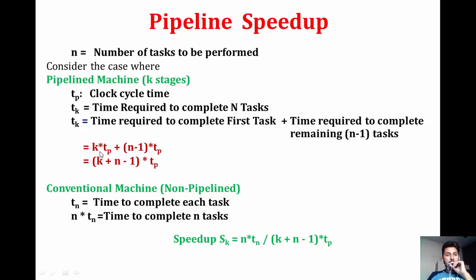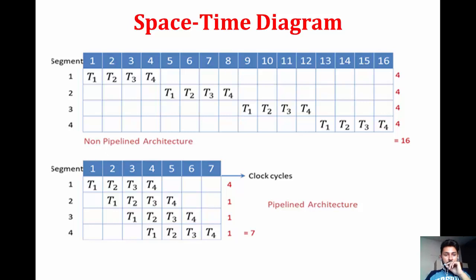How many clock cycles do we need to complete the first task? To complete t1 here, it requires 4 clock cycles, so k will be 4 segments. At the end of the 4th segment there will be a result.